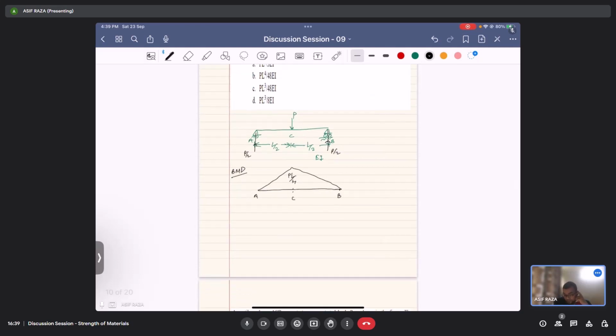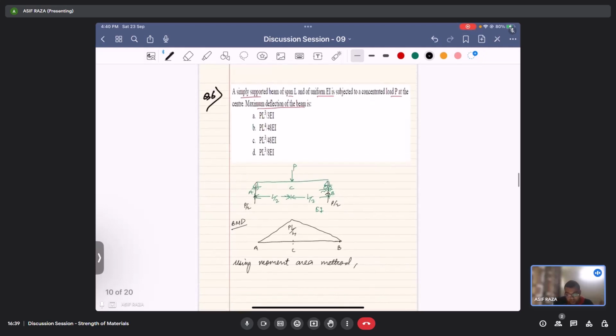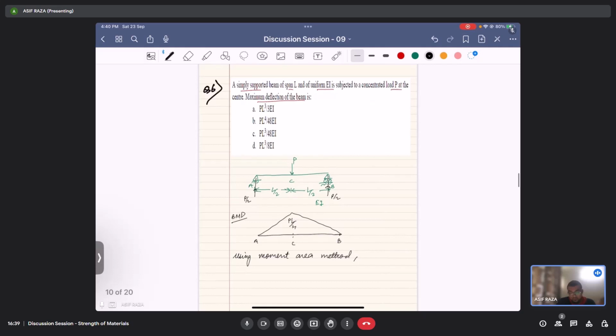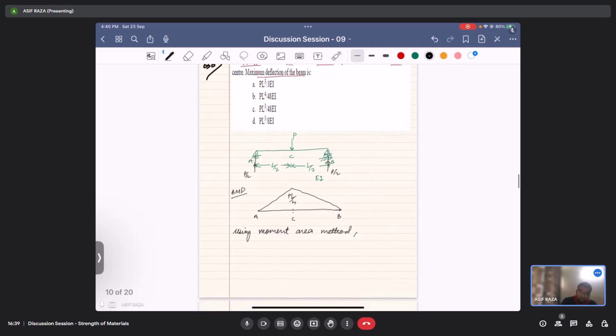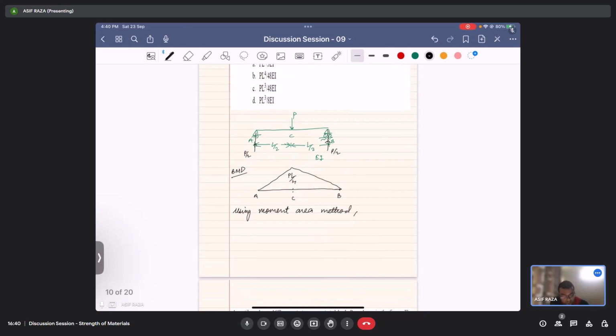Now I can write using the moment area method, because we want to find the maximum deflection, right? And maximum deflection would be at the center itself. So using the moment area method, first thing, slope at A would be equal to what?